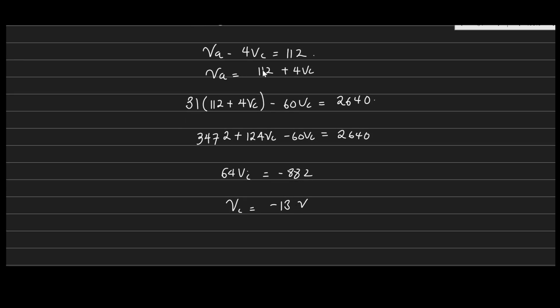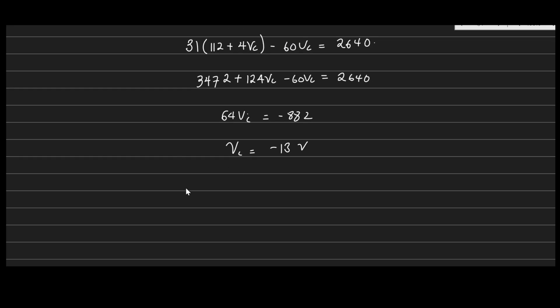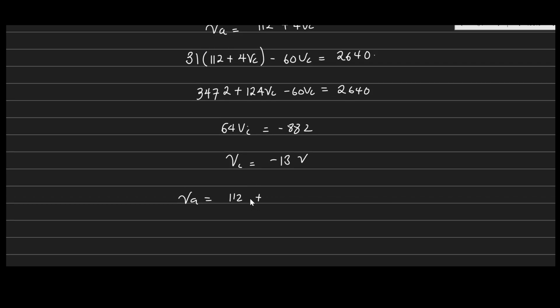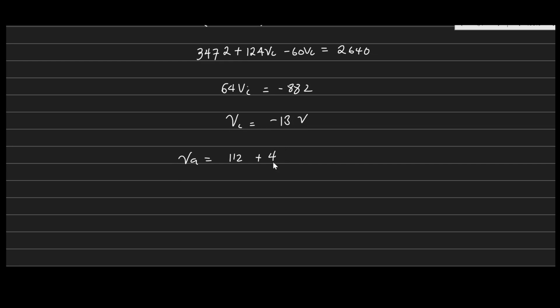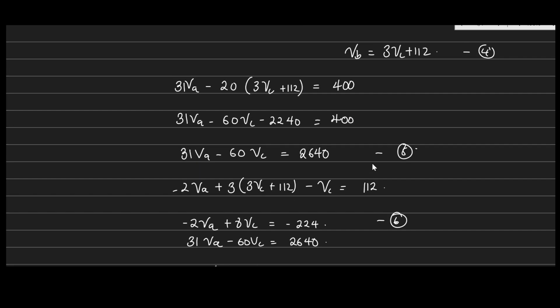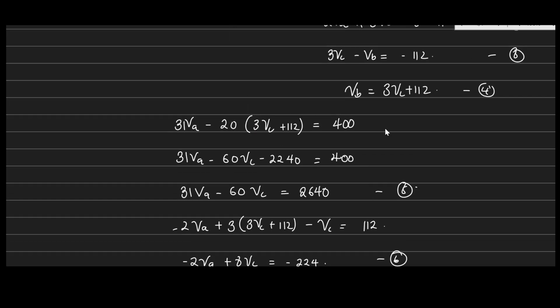Now from VC, we can find VA, since they're related by that equation there. So VA will be equal to 112 plus 4VC, 4 by negative 13. That is 60 volts. Okay, so 60 volts. And then we can also find VB using this relationship here.